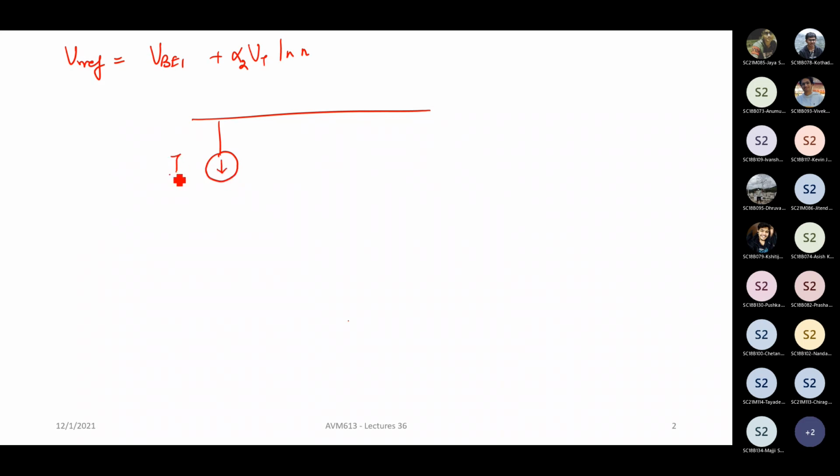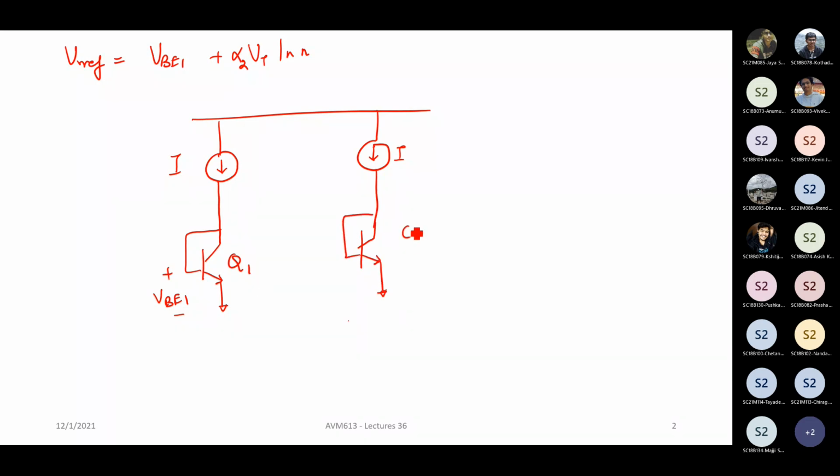Let us say that we have a current source of I, which is being pumped into a diode. Let's call this Q1. This is VBE1, okay? And we also have the same current I being pumped into another transistor. But the difference between Q1 and Q2 is that if the area of this BJT is A, the area of this BJT is N times A.